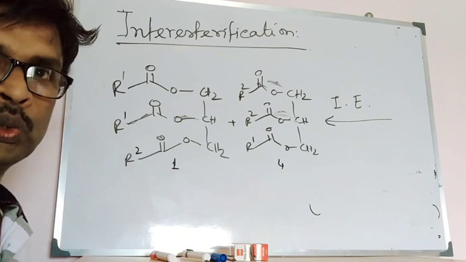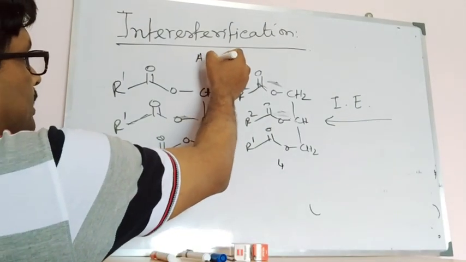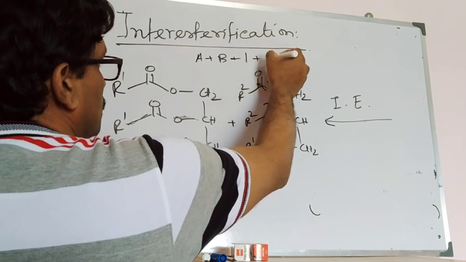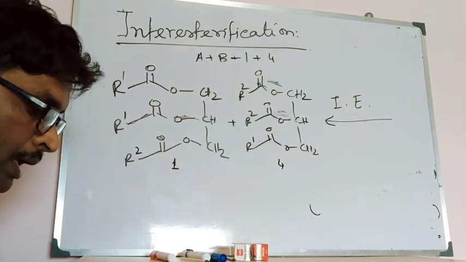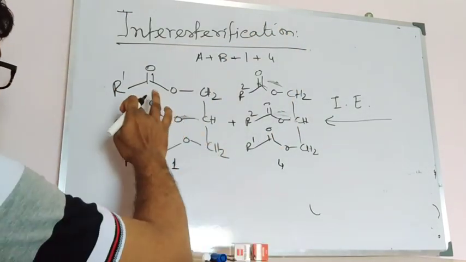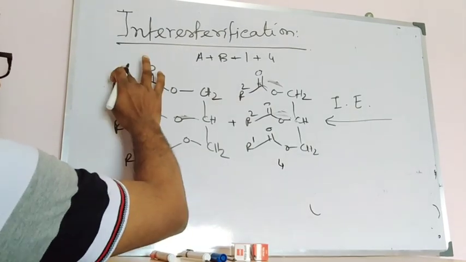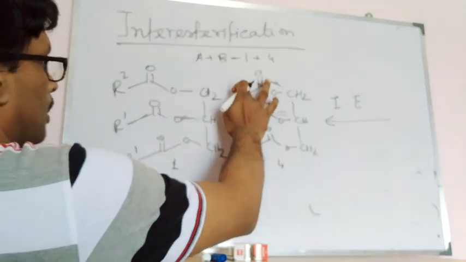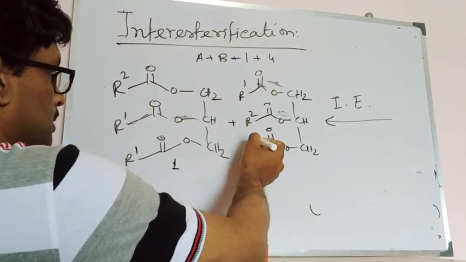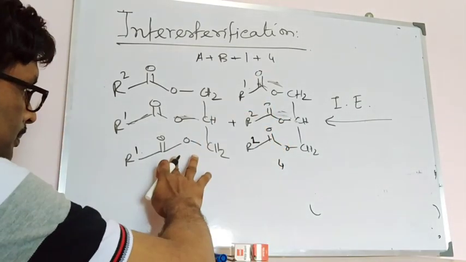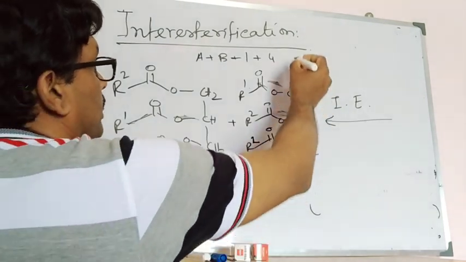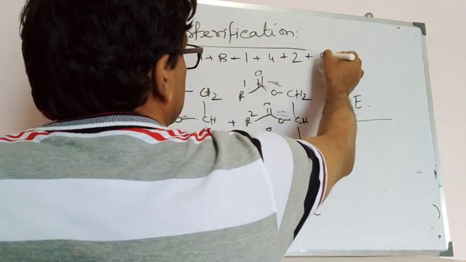So this one is 2, that means A plus B plus 1 plus 4. Now if you carry this out so that the first one is R2 and this one is now R1, so these two are exchanged, then this will be 2 and this will be 5. So another will be 2 plus 5.